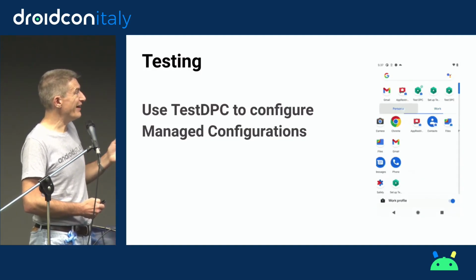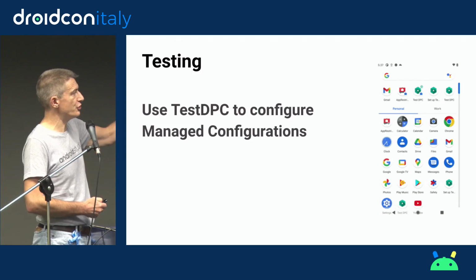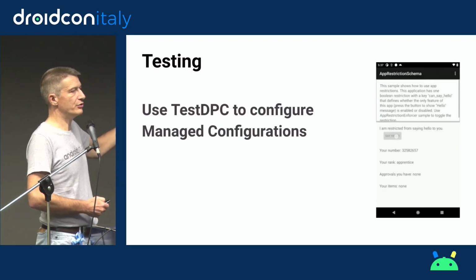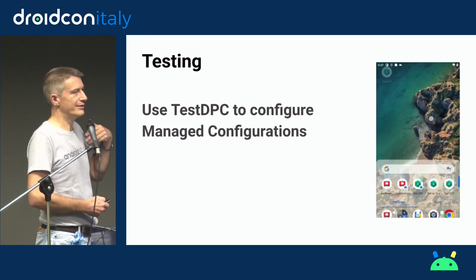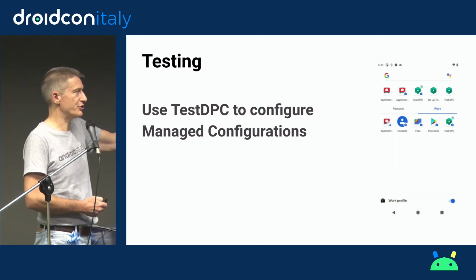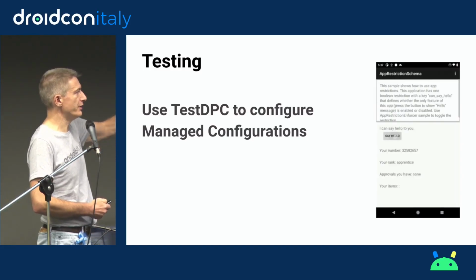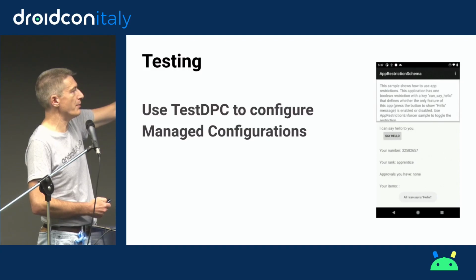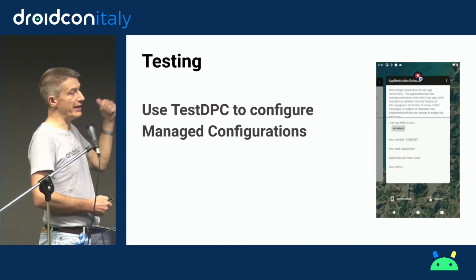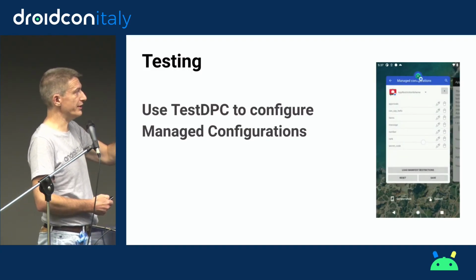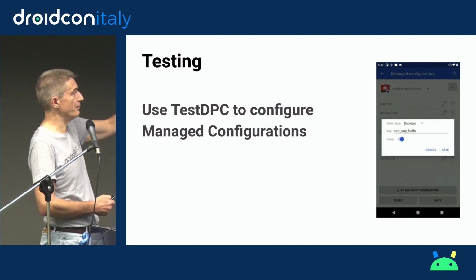If I launch the personal version of the application, I don't get anything because this is not intended for the personal version. I need to use the work version. And you see that now the can say hello button is enabled because I set it to true in the managed configuration.